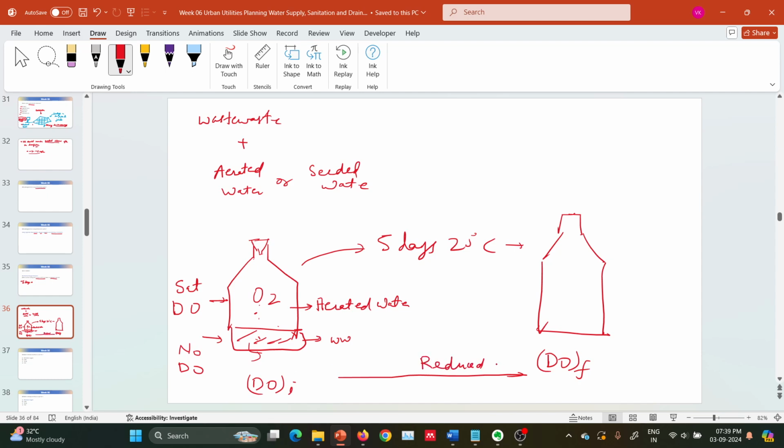The microbes consume the oxygen and decompose the organic matter. If more organic matter is decomposed, then more oxygen will be consumed. By this way we can calculate the biochemical oxygen demand, and the greater the difference, the greater the BOD and the strength of wastewater.